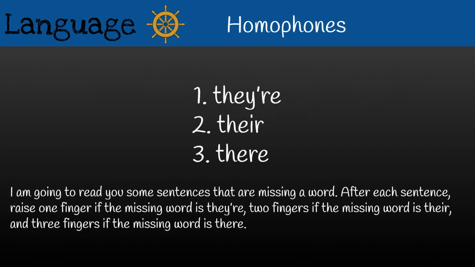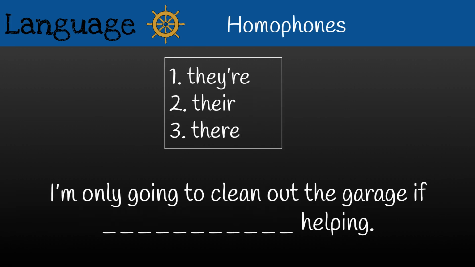All right, so I'm going to read some sentences that are missing a word. After each sentence, you're going to just quietly put up one finger if you think it's they are, or the contraction they're, two fingers if you think it's their, or three if you think there is in a place.